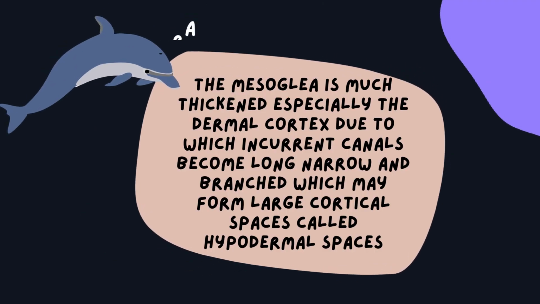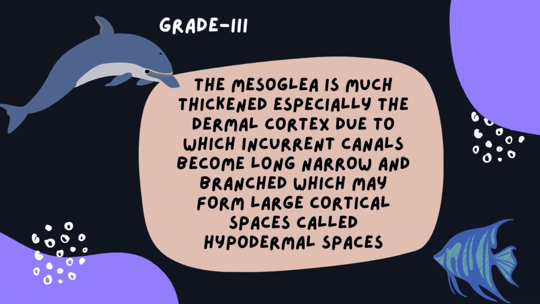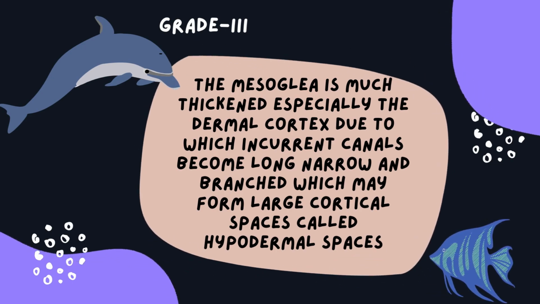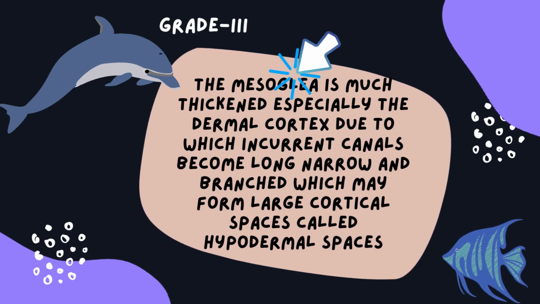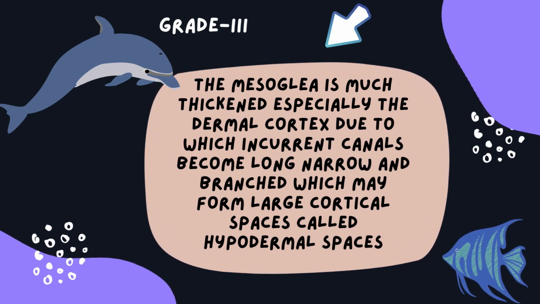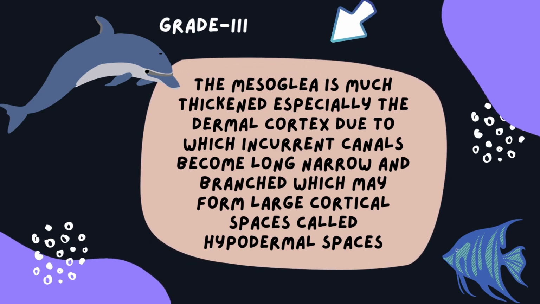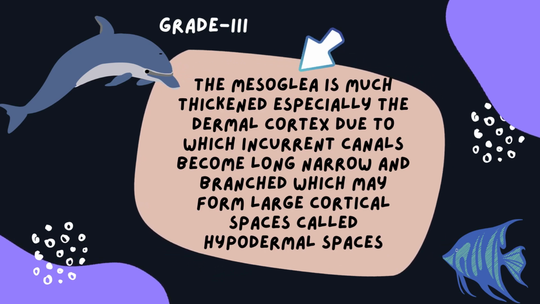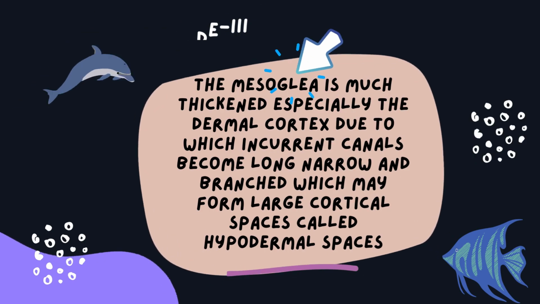Grade 3 of the syconoid canal system is similar to grade 2, except that the mesoglea is much thicker, especially the dermal cortex, due to which incurrent canals become long, narrow and branched, which may form a large cortical space called the hypodermal space.